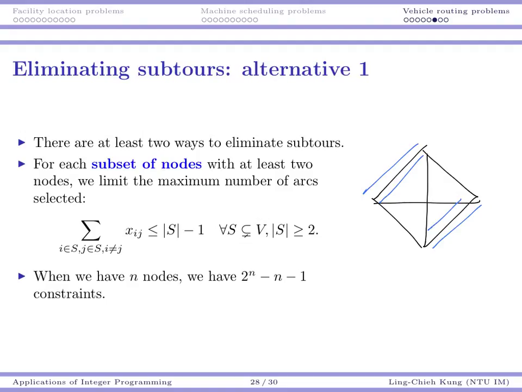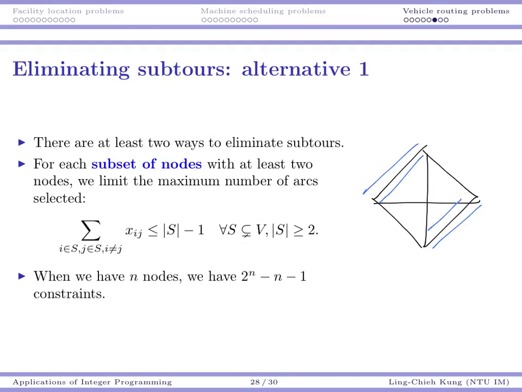We also need S to contain at least two nodes. For those subsets, the number of arcs that may be selected is limited to be at most the cardinality of S minus 1.